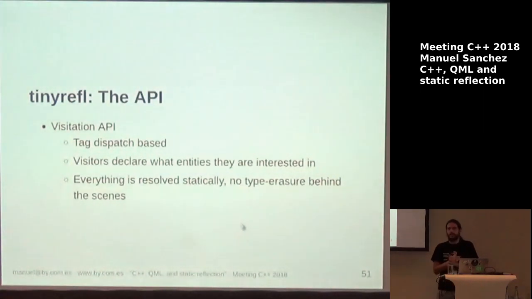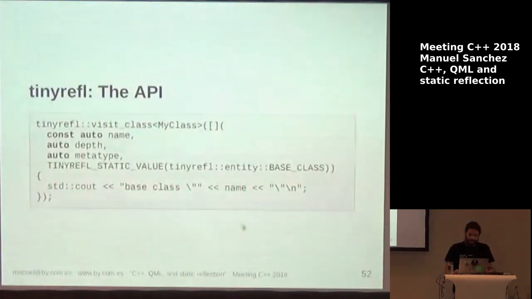It's not the same taking a base class, which is a type, or a member function, which is a pointer to a member function. So what the library does is take an enumeration that you can pass to the API, and this tells internally, statically, that, hey, I want only base classes. So this third argument will be something that points to a type.